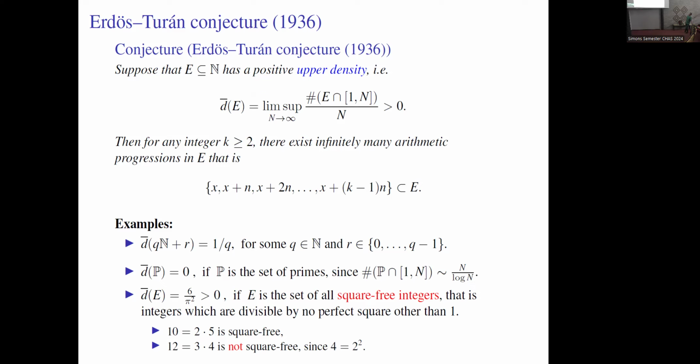This is a very remarkable statement because the assumption says nothing about the structure, but the conclusion is very structured, in the sense that inside E, the set of integers satisfying this metric or statistical property, it inherits additive structure from the set of integers.